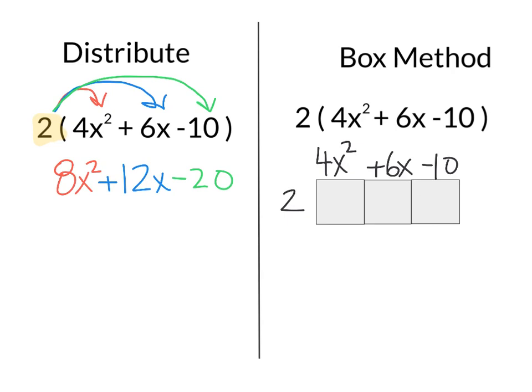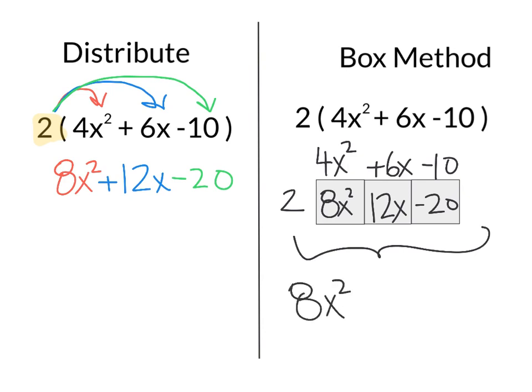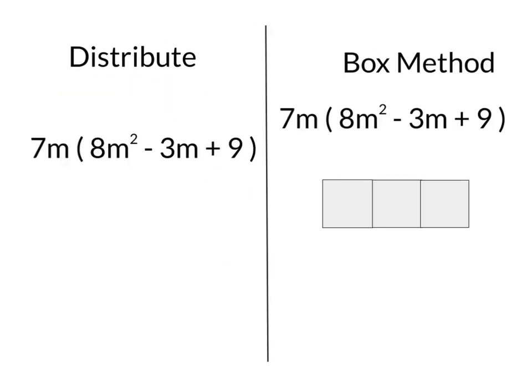So 2 times 4x squared is 8x squared. 2 times 6x is 12x. And 2 times negative 10 is negative 20. So if I take that value inside of those boxes and I write it out, I have 8x squared plus 12x minus 20, which is again the same value that I had over here. So either method works.